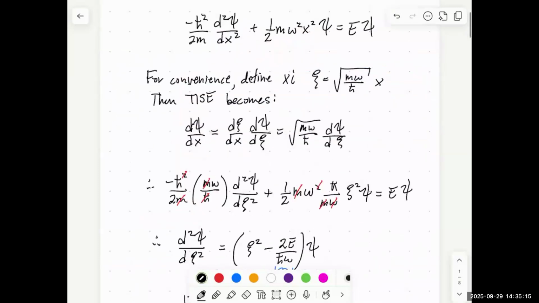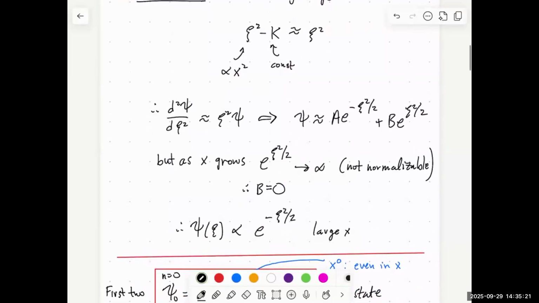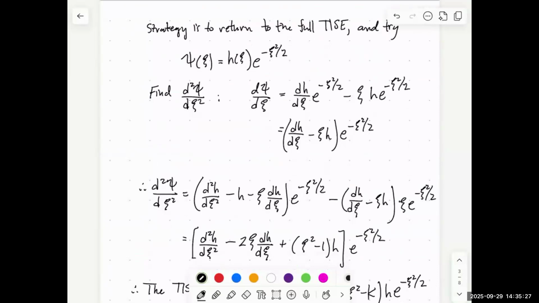That's the very first thing. In fact, we made this observation at the end of last class that our large X solution should be like this. And then what we proposed is this combination to represent our stationary state. And so now what we've done is we've worked out, at least for the even powers of z, what H looks like.